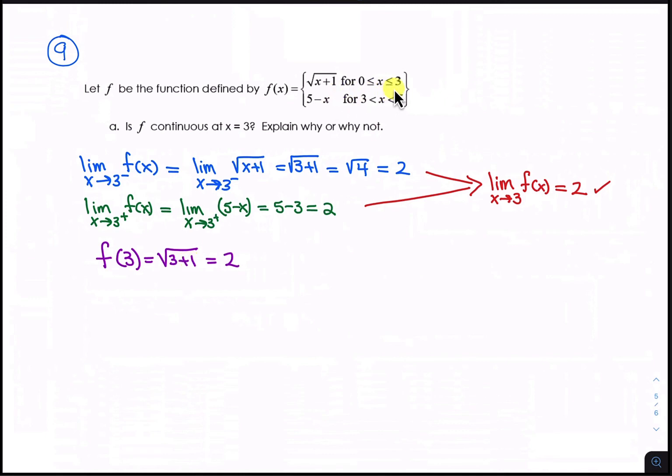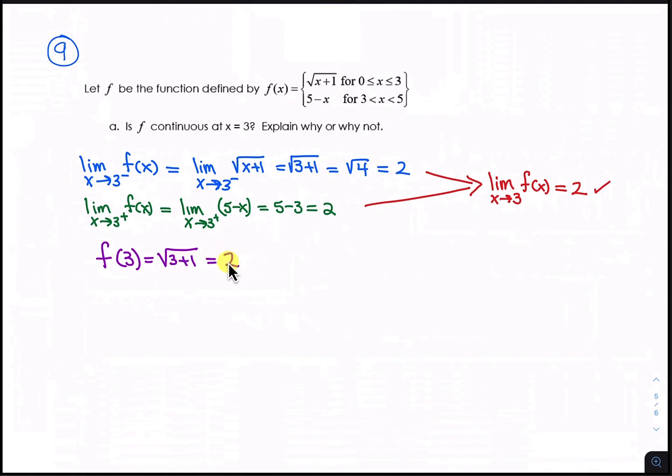That is because when x is 3, we're still using the top equation. Because you notice it says x is less than or equal to 3 for the top equation. That's why we must use the top equation for this. So we simply plugged in 3 for x in this top equation. And that gave us square root of 3 plus 1, which comes out to be 2.